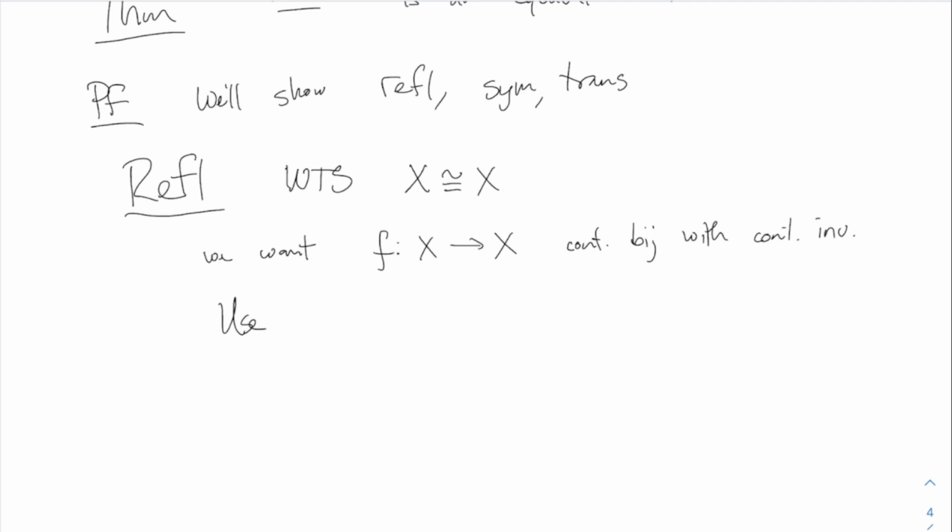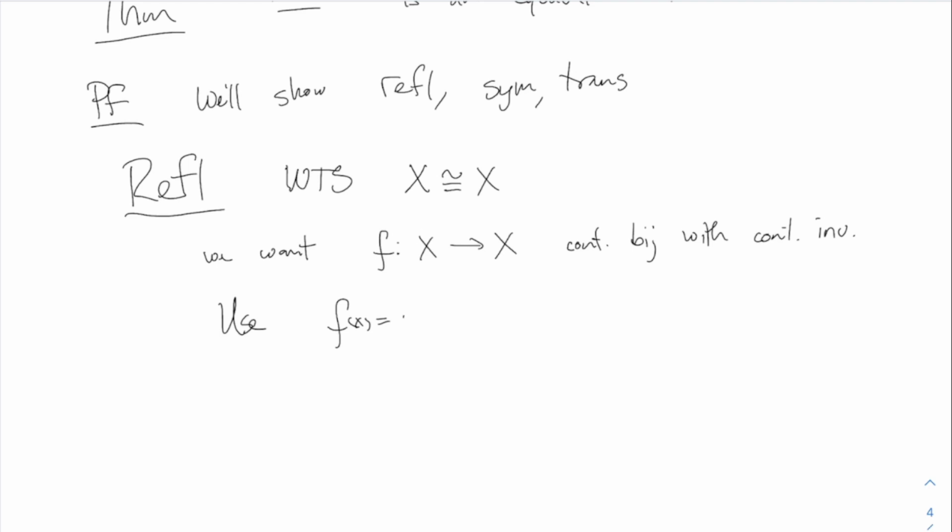Anybody want to suggest the function to use here? Yes, how about f of x equals x?